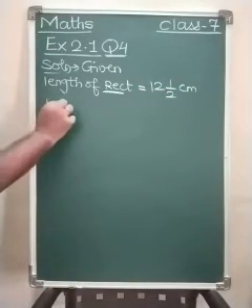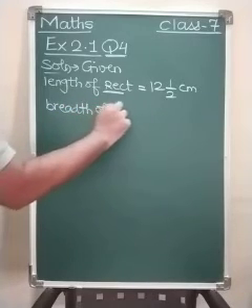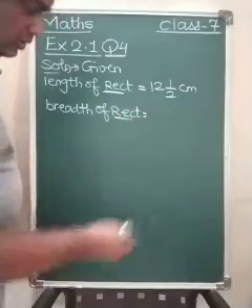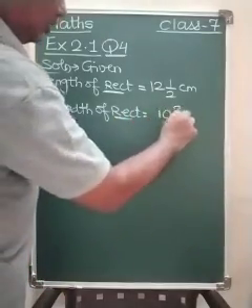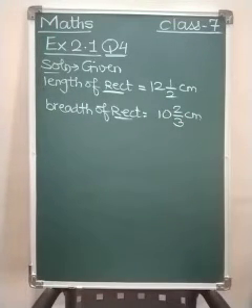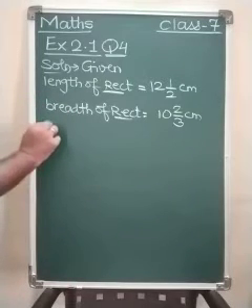Breadth of rectangle equals to 10 2 upon 3 centimeter long, and we have to find out the perimeter.